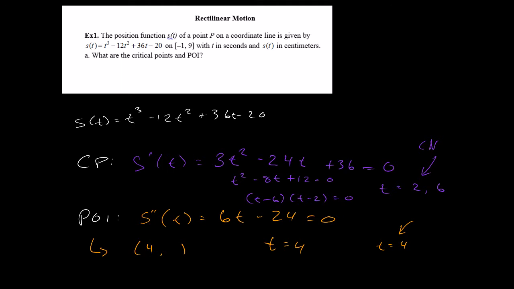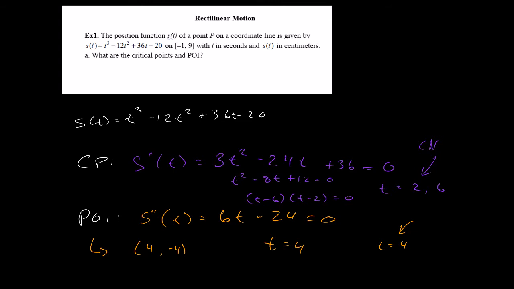We're going to have 4 cubed minus 12 times 16 plus 36 times 4 minus 20, and that gives us a grand total of negative 4.